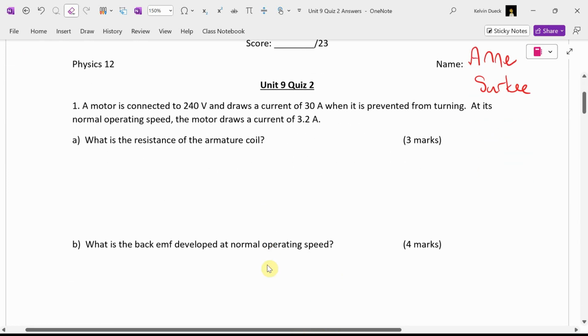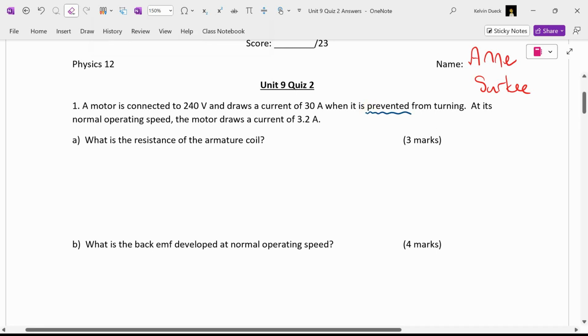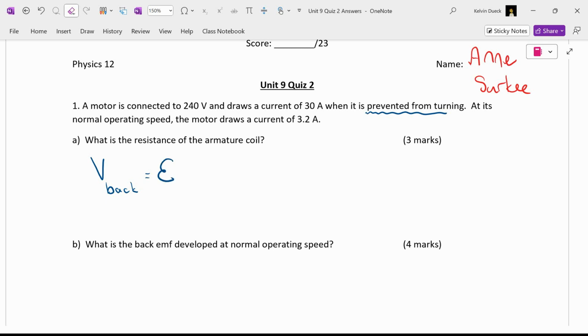A motor is connected to 240 volts and it draws a current of 30 amps when it's prevented from turning. This is an important phrase to note because part A wants the resistance of the armature coil. We said V back was equal to your source voltage minus that.